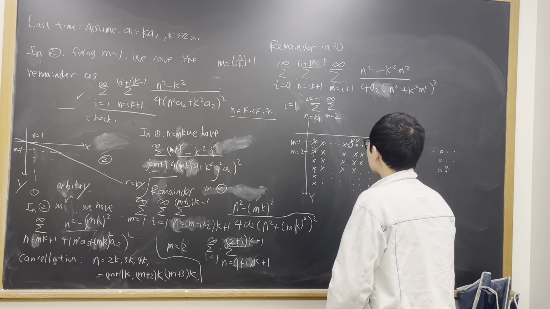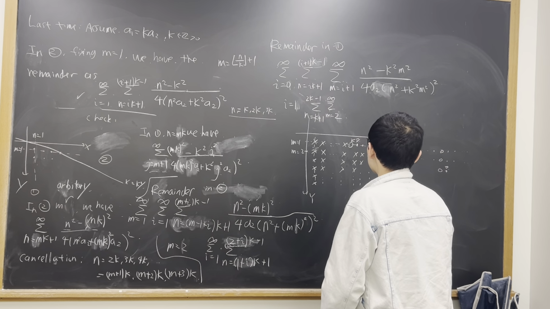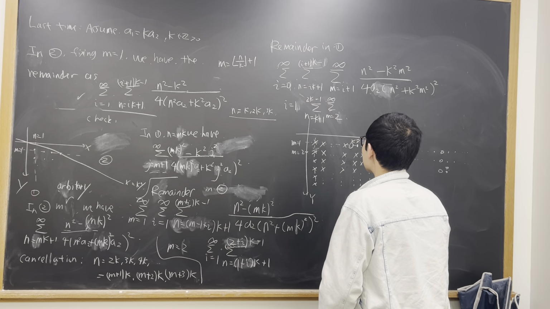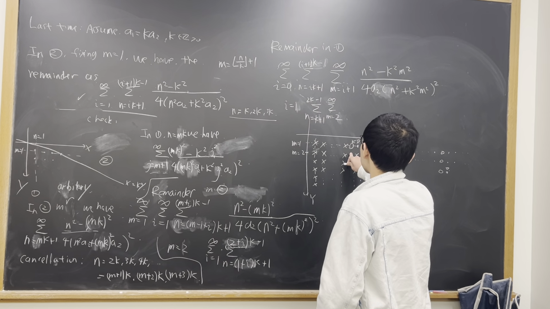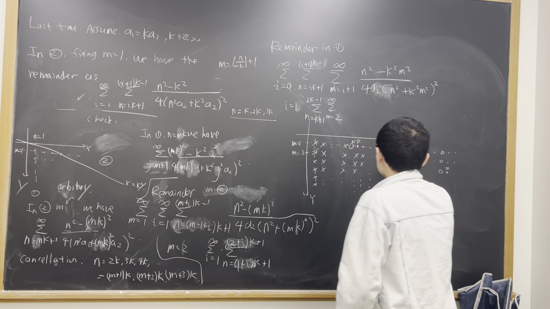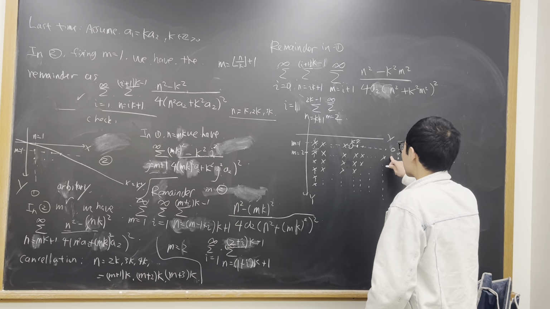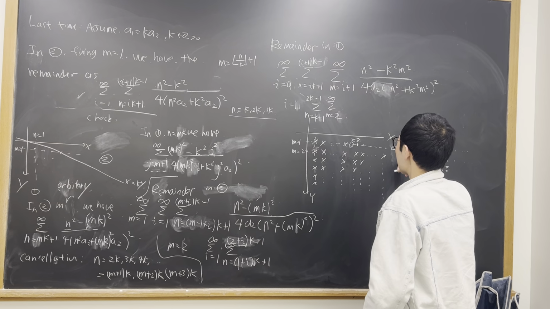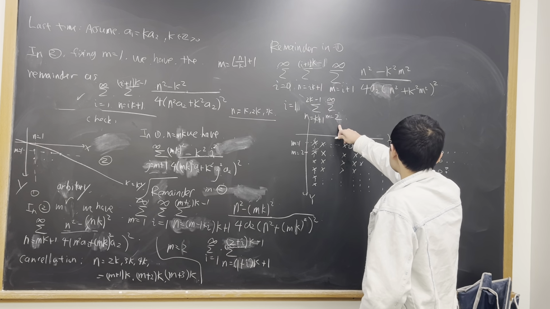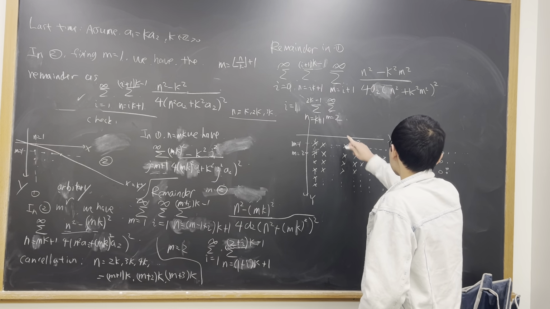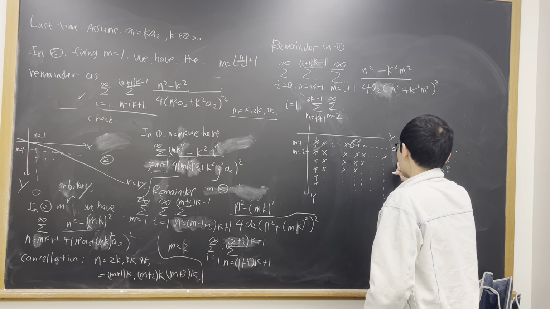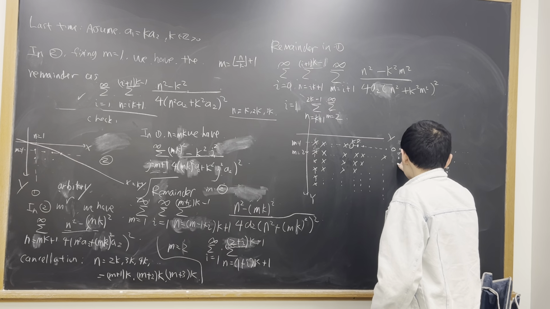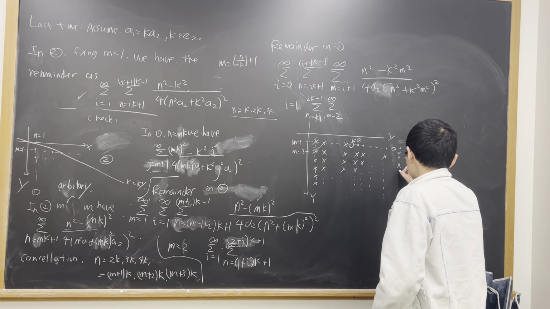And similarly, for any i, n starts at this one, and when i equal to 2, then this n must start at this guy. And then this m will start at one more, right? Yes.